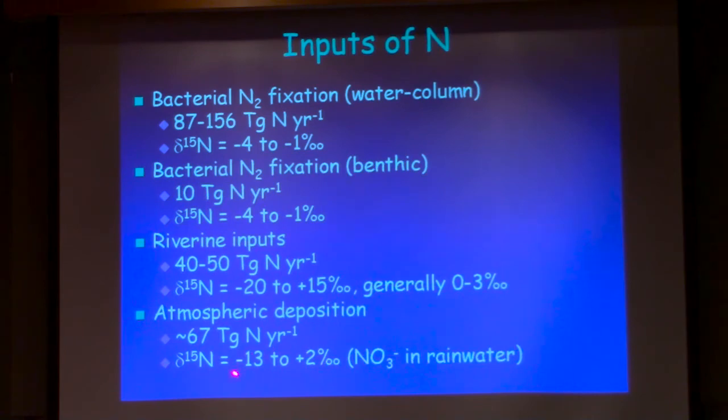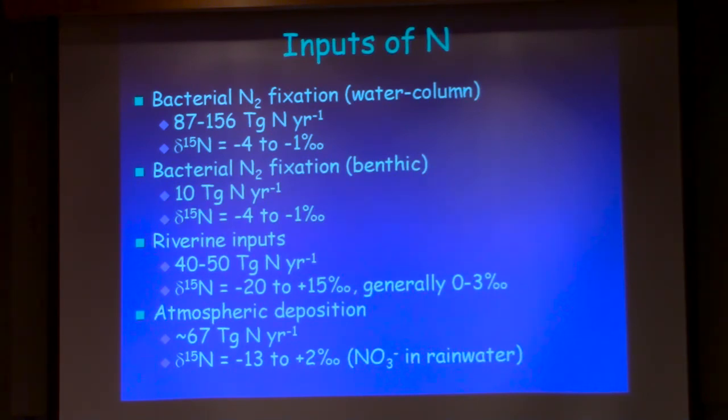Again, the isotopic composition is not well constrained. I think the paper for organic matter in the South China Sea used a value pretty close to 0, but I don't remember if it was +2 or -2. But it's pretty poorly constrained. Mostly there are measurements of either nitrate or dissolved organic nitrogen in rainwater.